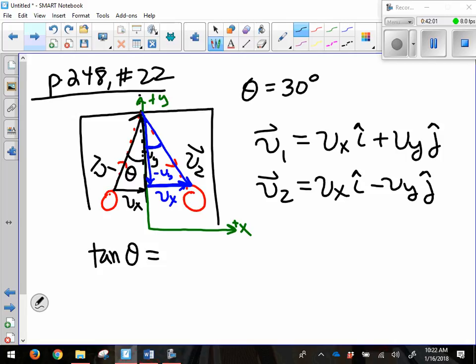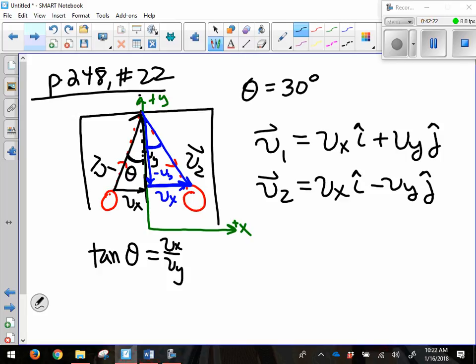So tangent theta is going to be equal to what? I don't want a value. I just want to know what it is from the triangle. Here's my theta up here. Vx over Vy, right?